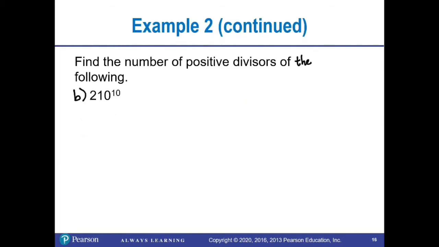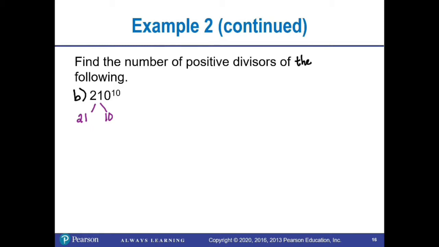Let's look at another example. So here we have 210 to the 10th. I'll come back to that 10th power here in just a little bit. Let's think about 210. This number ends in 0, so I know that 10 is a factor. I can rewrite 210 as 21 times 10.